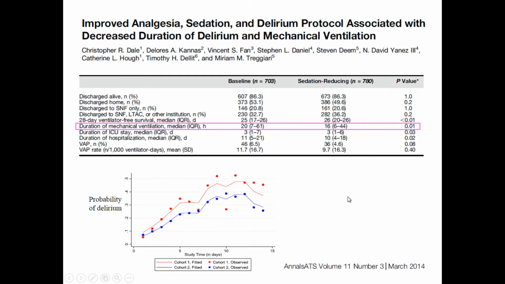In recent years, a more thoughtful and organized approach to sedation and analgesia has really led to what now has become a more appropriate standard of care with really good results showing a reduction in the incidence of delirium. This was a study from Washington where they looked at their practice in a run-in period without a sedation protocol.